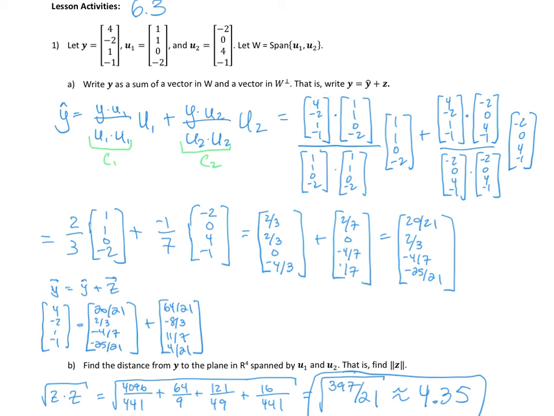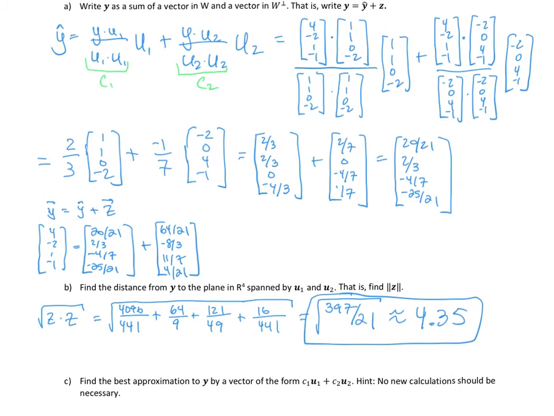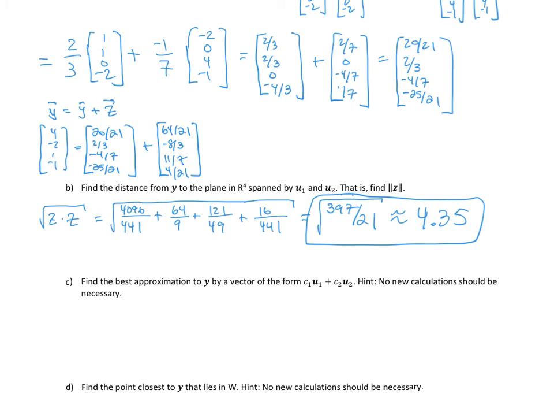So we found a vector c1u1 plus c2u2. That's my y hat. That is what I'm looking for here. That is the best approximation to y by a vector of that form. So it's just my y hat, which is this.